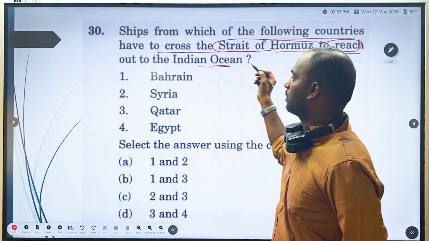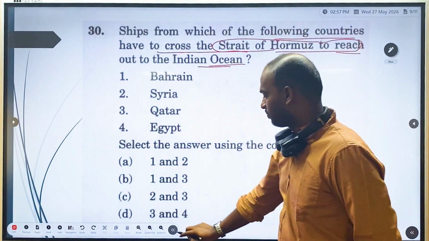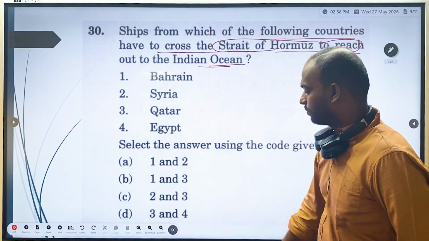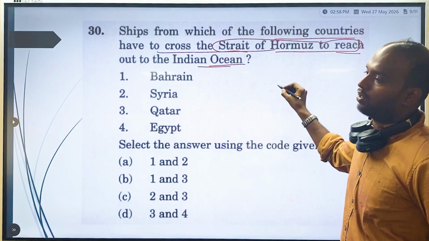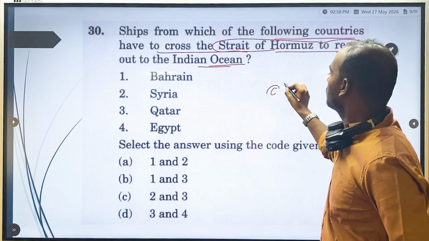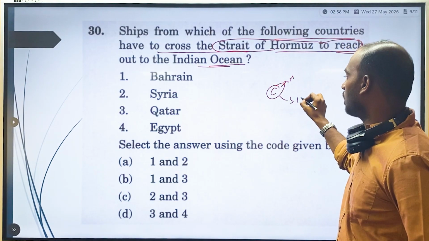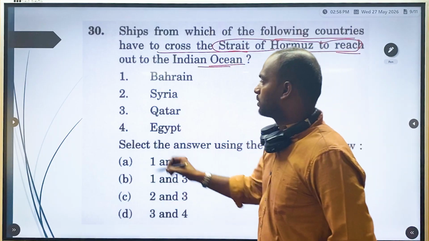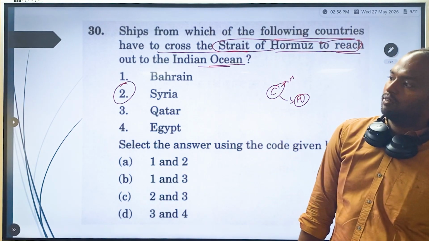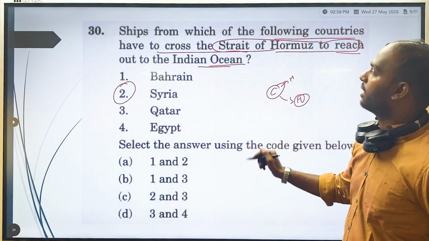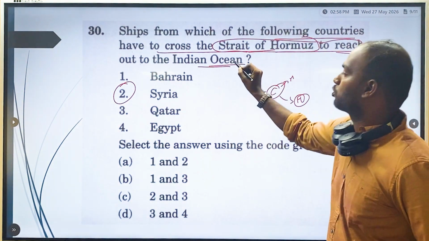One thing you should know is the location. UPSC has already asked questions about countries bordering the Mediterranean Sea. Syria is one of the countries bordering the Mediterranean Sea. It has no relevance, so it can bypass the Strait of Hormuz to reach the Indian Ocean.